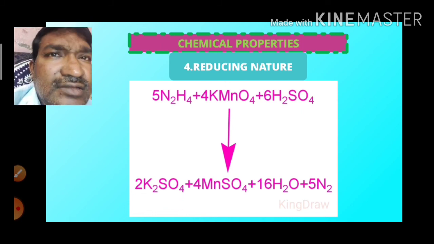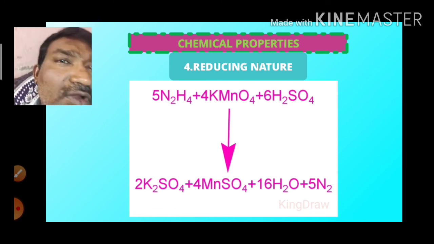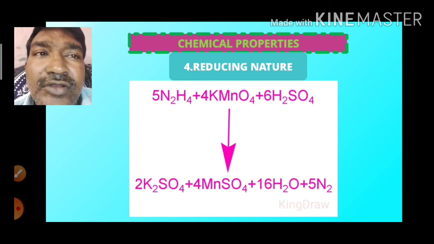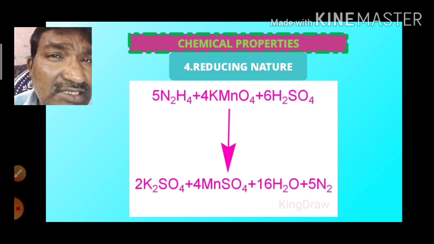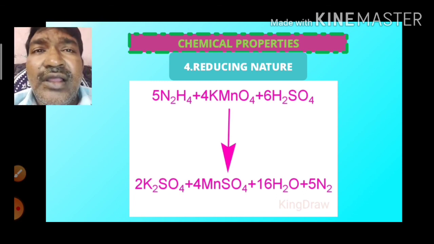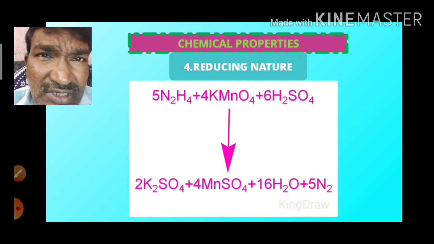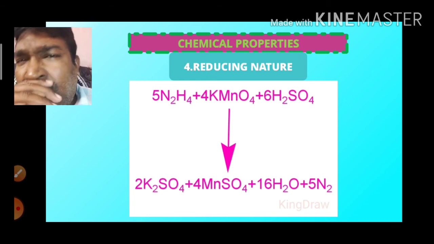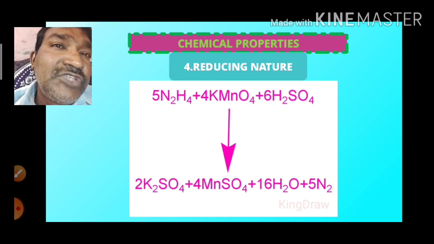Here, hydrazine reduces the acidified potassium permanganate. We know very well that acidified potassium permanganate has a light pink or light purple color. So when this H2SO4 is added to that, KMnO4 loses its color.